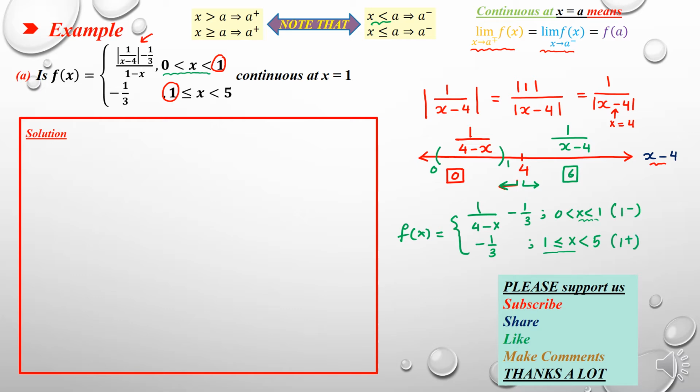Now you have to check the continuity around x equals 1, and you have to find the limit when x goes to 1 from right and left.